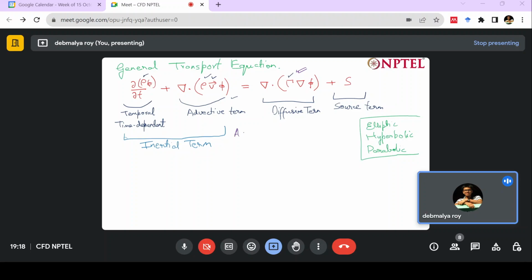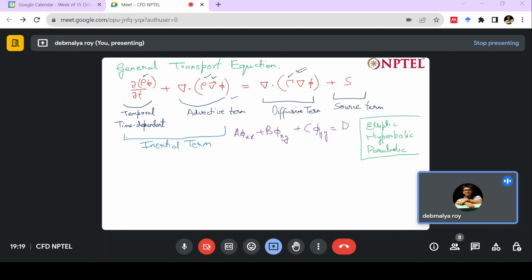If you have an equation like this, here x and y are the two independent variables. We might also have x and t, that doesn't matter. So it is basically two independent variables and a second order differential equation.